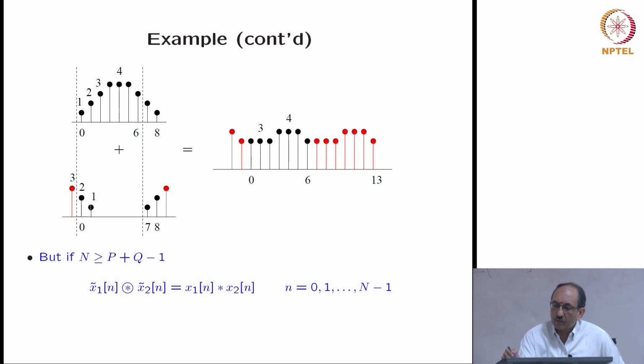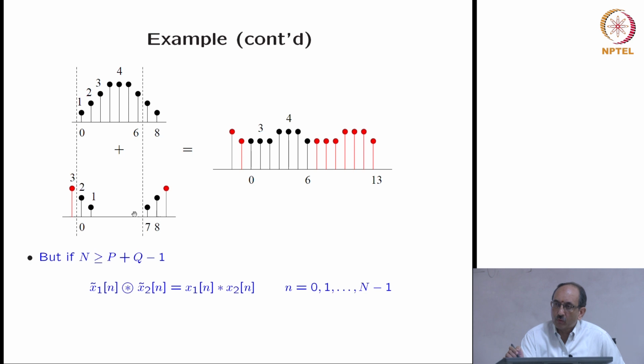The left shift overlaps in the region 0 to N minus 1 with 2 samples in this particular case, and hence from 0 to 6, if you add this and this, you will get this, as simple as that. So this is the result of taking the result of linear convolution and then repeating it periodically.